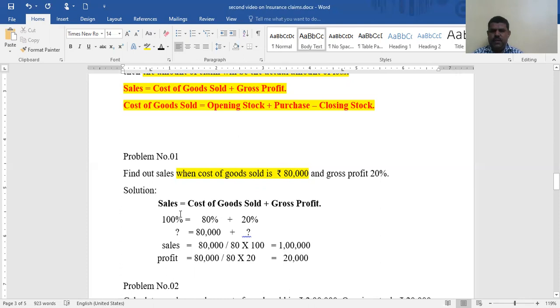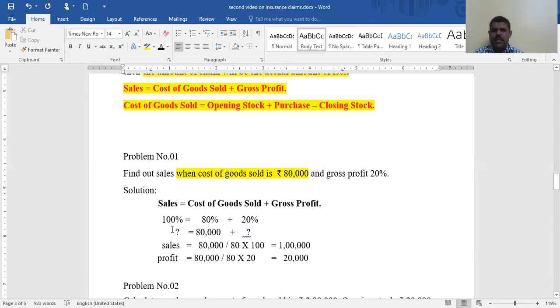So sales is equal to cost of goods sold plus profit. Profit is clearly given as 20%. We know sales is 100%, 100 minus 20, 80% is the cost of goods sold. 80% equals 80,000. Then how much is 20%?